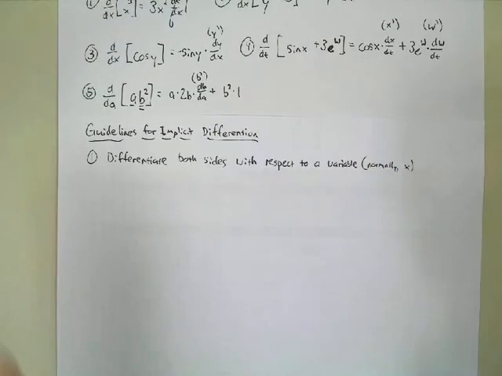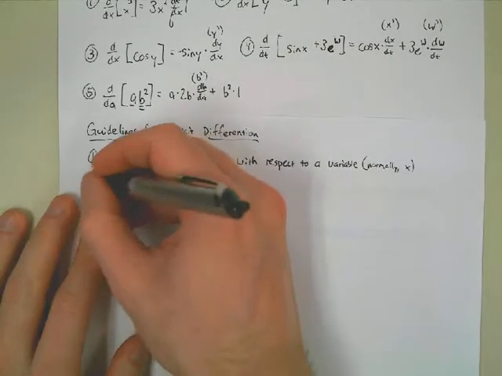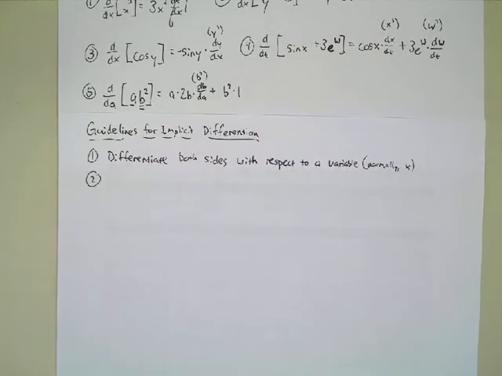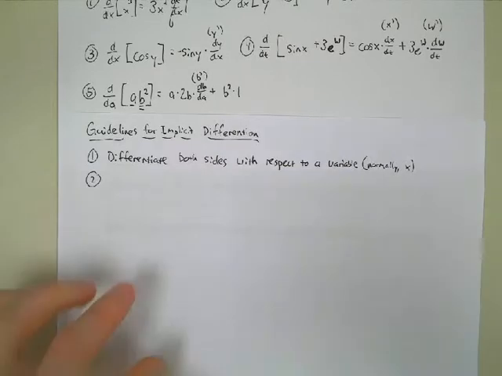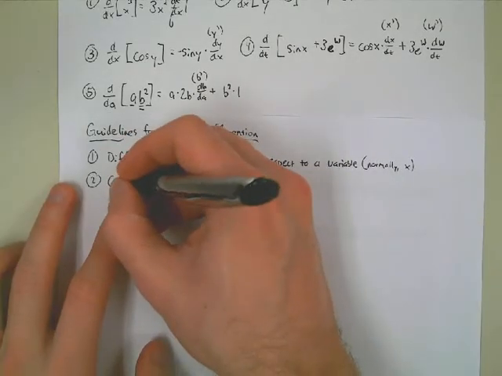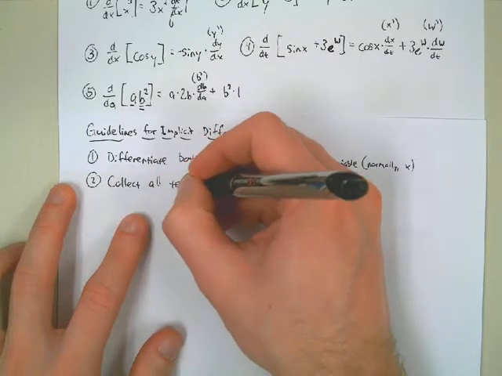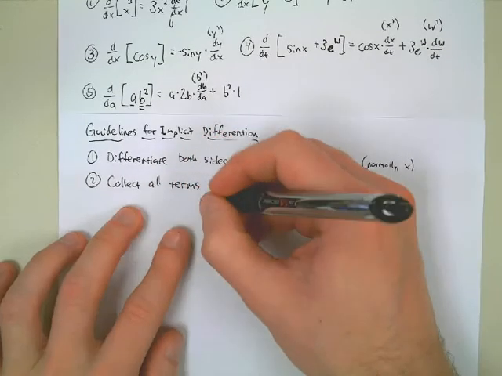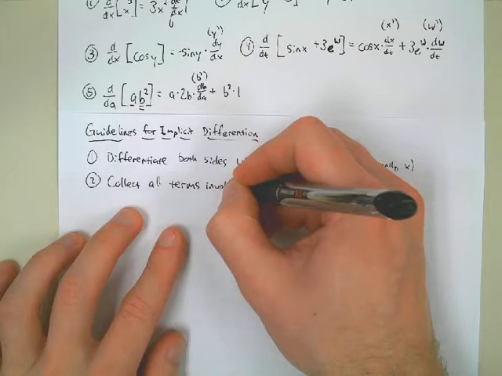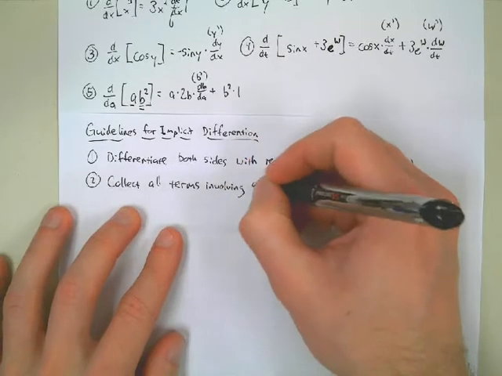Step 2. Because with implicit differentiation you're going to have an equation, so you have a left-hand and right-hand side. You're going to differentiate both sides with respect to whatever variable you're supposed to take the derivative with respect to. Now we're going to collect all terms involving dy dx, or y prime, or whatever you have.